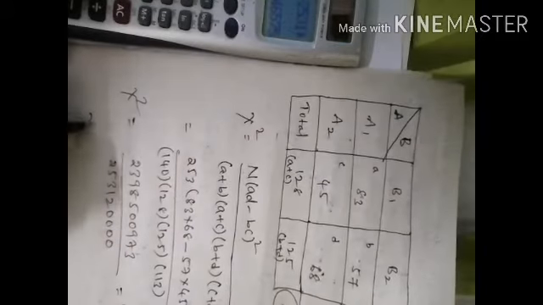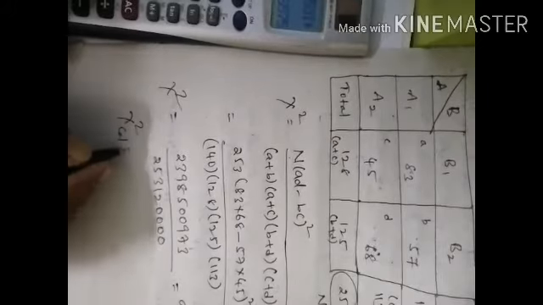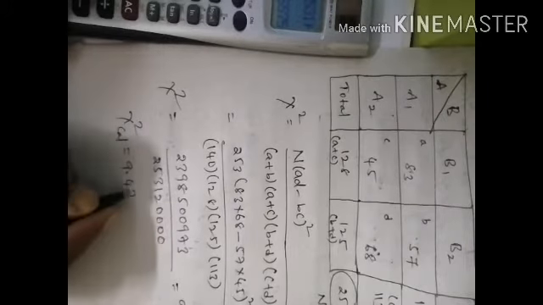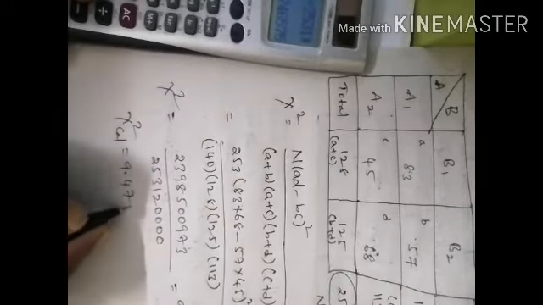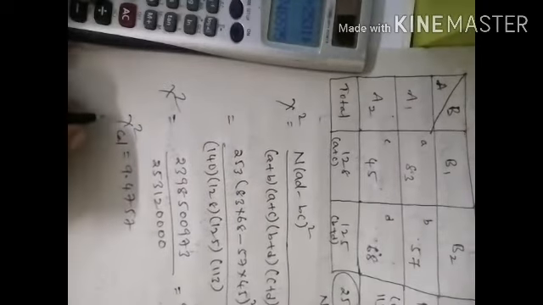So this is the chi-square calculated value, 9.475.